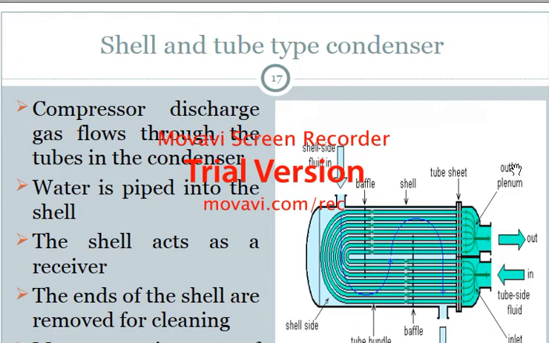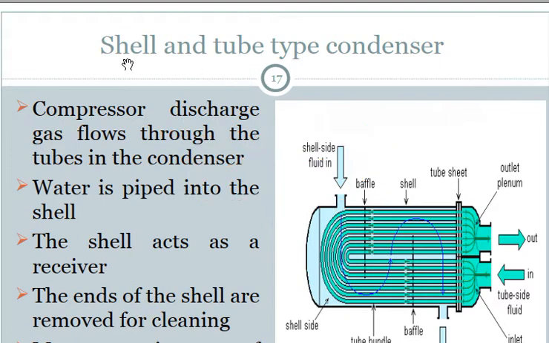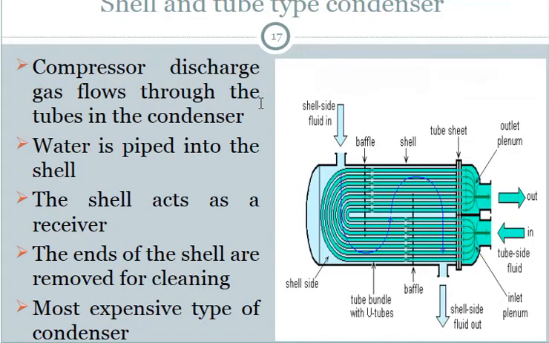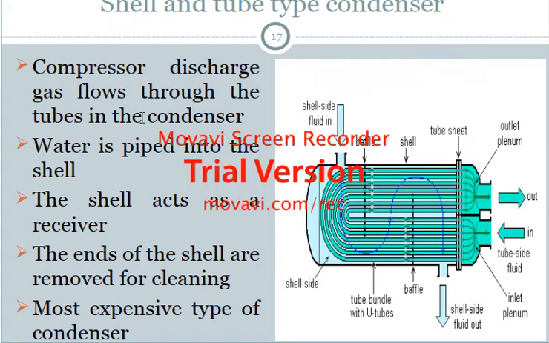Okay, now we go to the first type of condenser by water cooling, the shell and tube type. Compressor discharge gas flows through the tube in the condenser. We can check from the figure here.